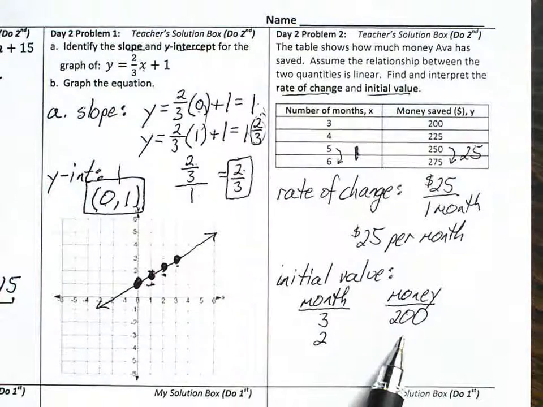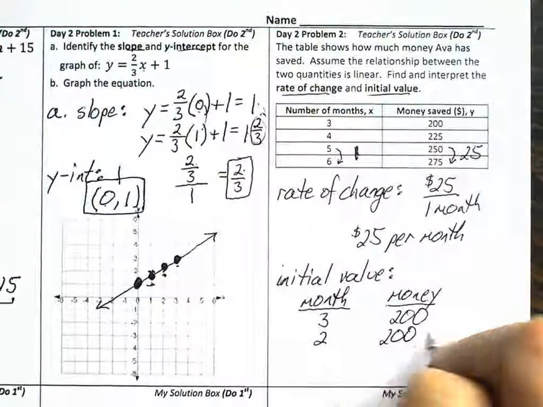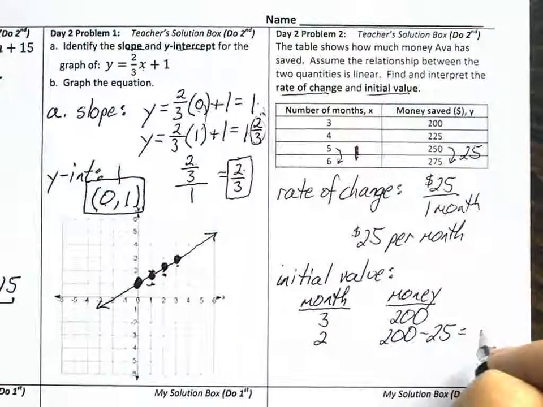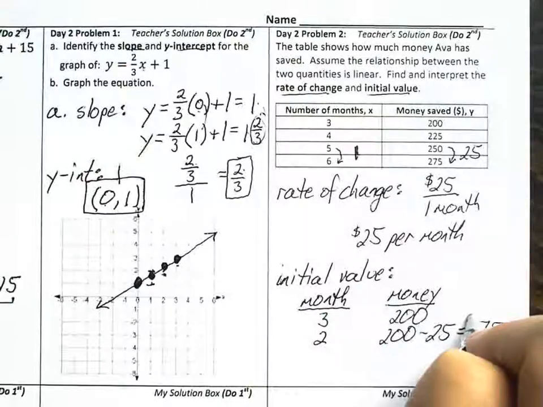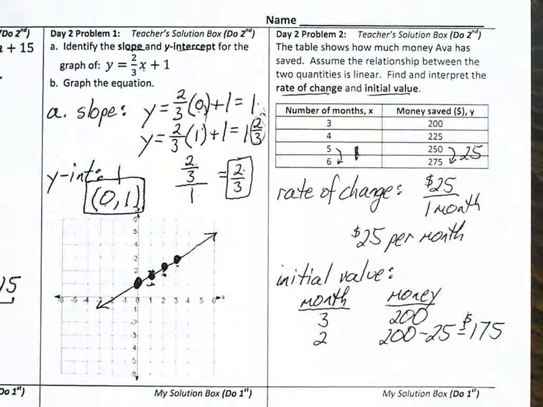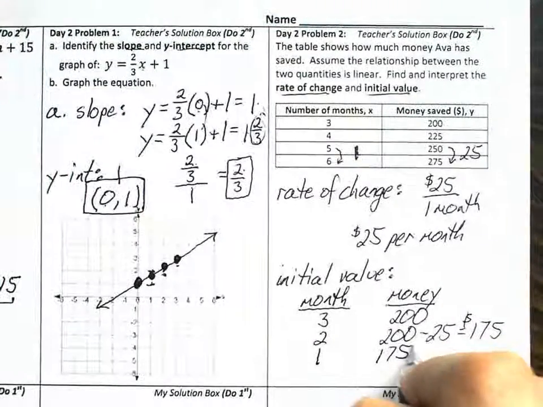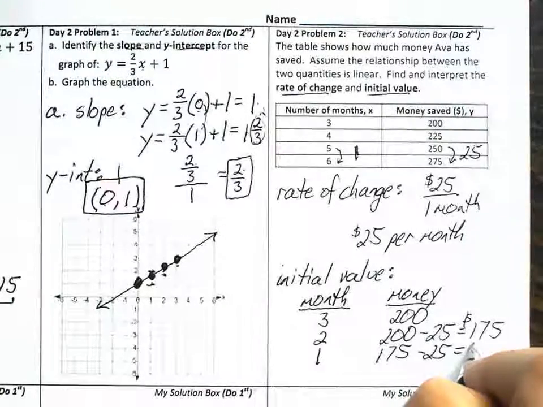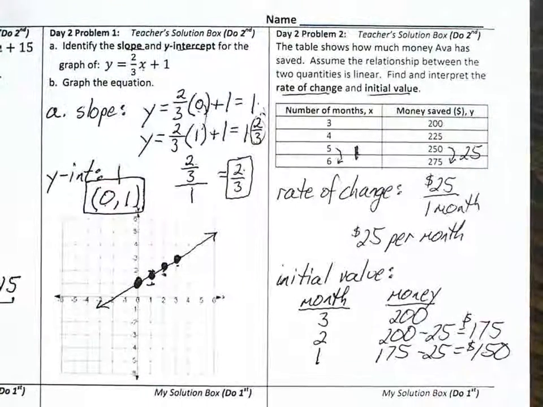And then when she increased by 25, she ended up with $200. So 200 subtract 25 is $175. Now let's find what she had in the first month. 175 subtract 25 is 150.